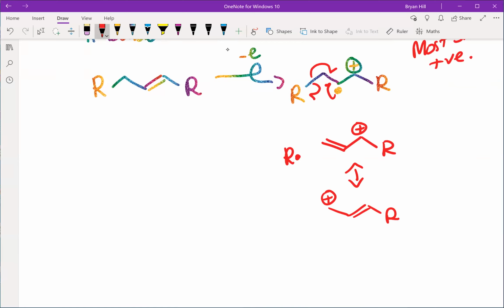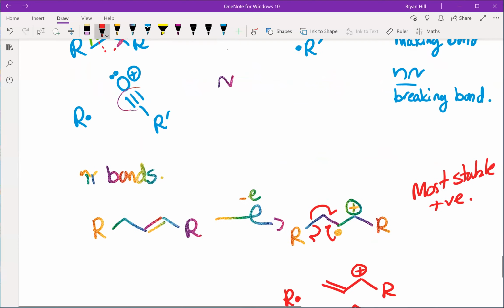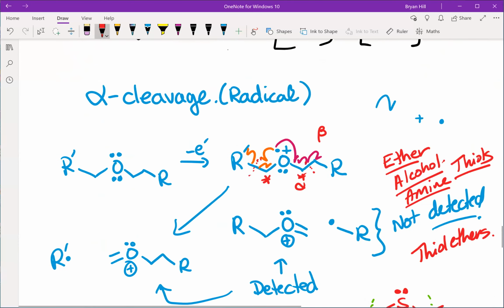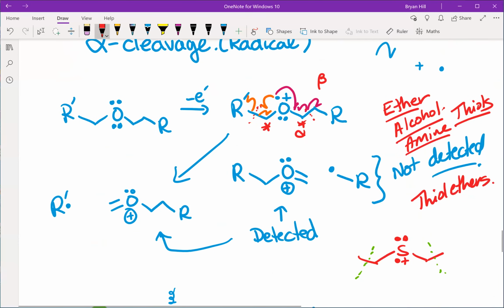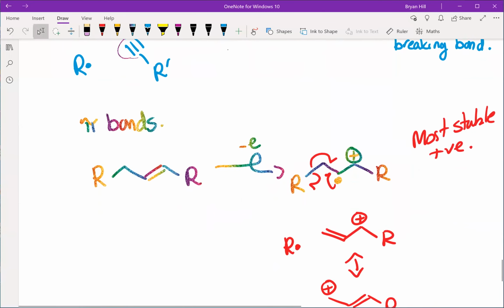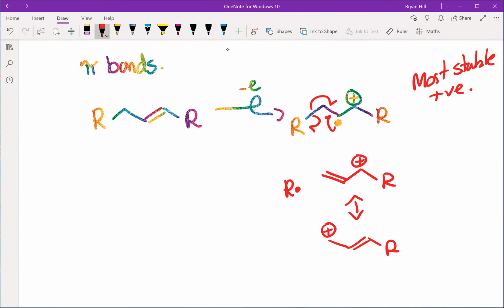So you can do this alpha cleavage even with structures which don't necessarily have a heteroatom. Although that's the most common place for it, there is this possibility with pi bonds as well. Everyone happy with that?